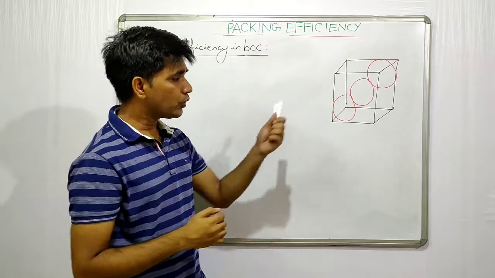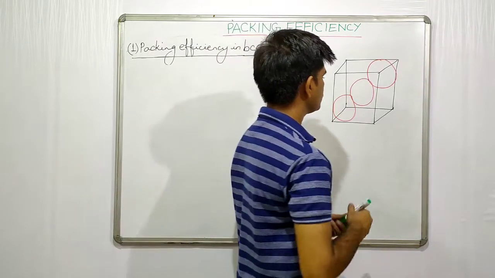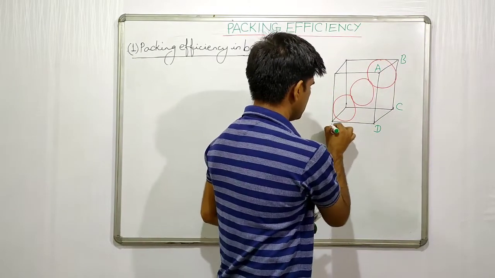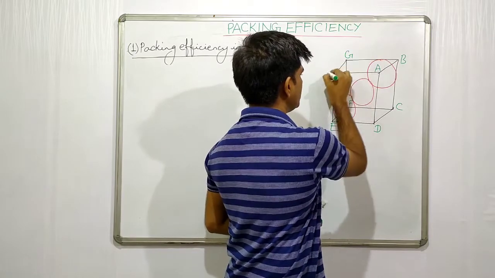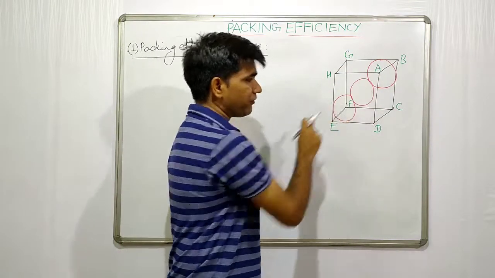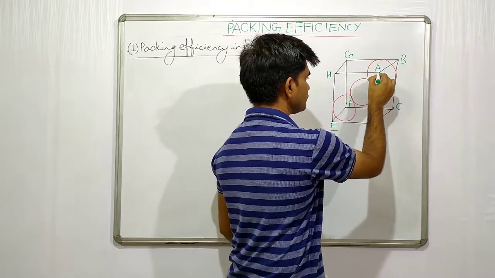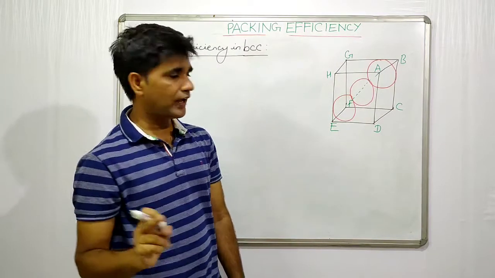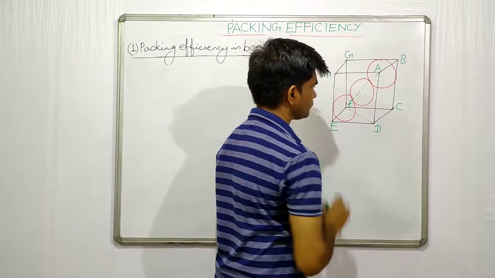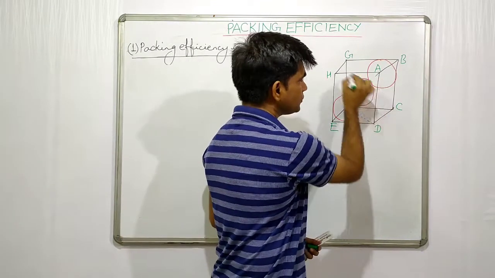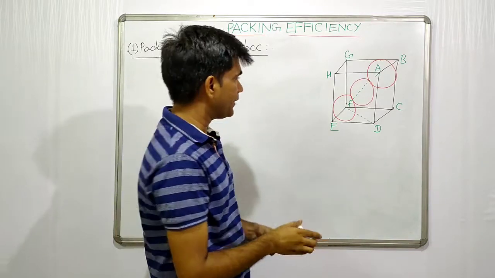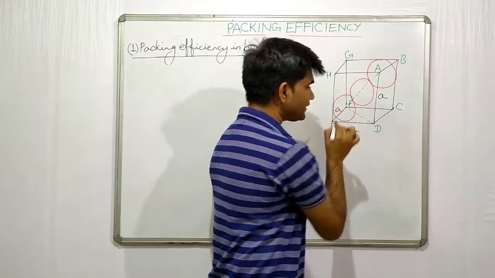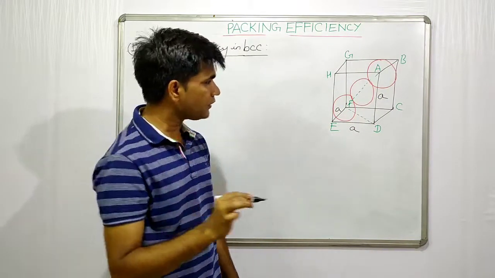Now I'll give a name to each corner: A, B, C, D, E, F, G, H. This AF is the body diagonal, and this FD is the face diagonal. These are the edges, and the edge length for each edge is equal to A.